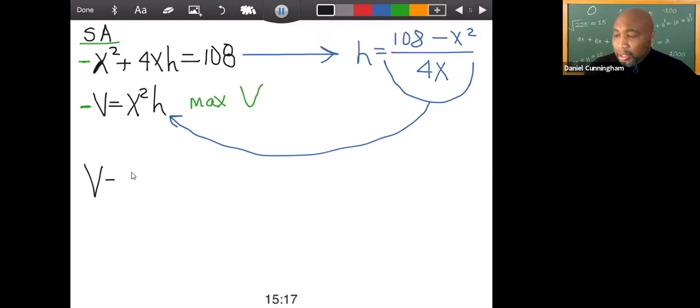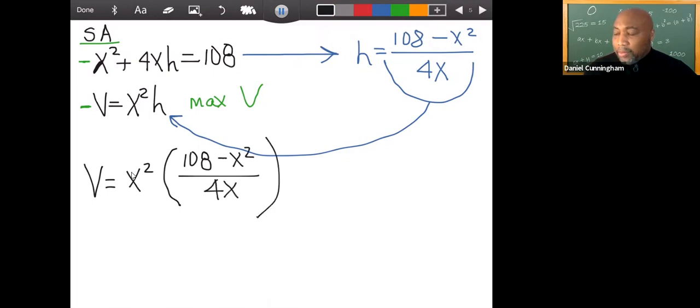So let me write this in black. V is going to equal x squared times our h, which is (108 minus x squared) divided by 4x, and then simplify to make it easier for ourselves. This will cancel out with that x, and we're left with 108 times x minus x cubed, divided by 4.